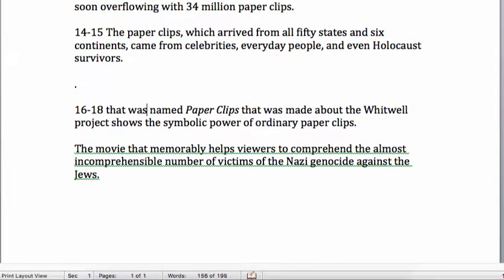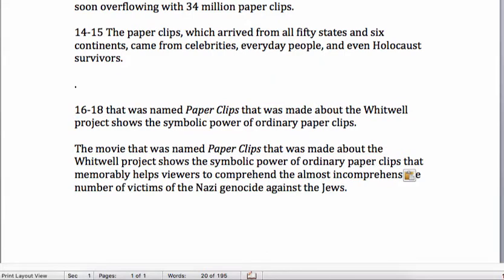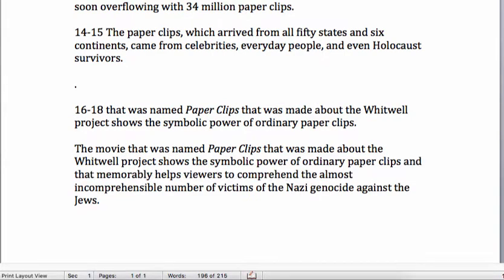That was named Paper Clips. And then I would put, and that. So I've added these two ideas together, but they're both using relative clauses. Okay? I hope this was helpful.